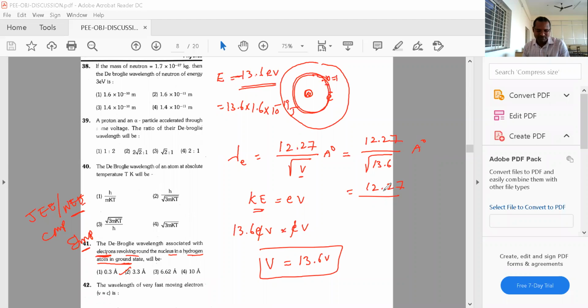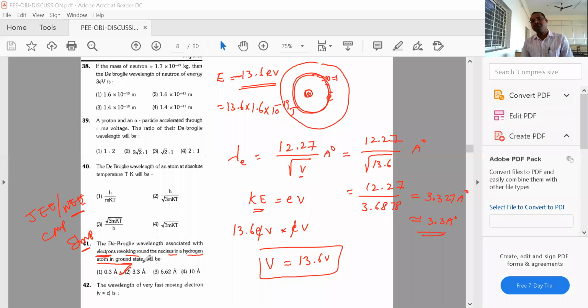Root of 13.6 is almost 3.6878. Then 12.27 upon 3.6878 comes out to be 3.327 angstrom, nearly equal to 3.3 angstrom. Yes, the option is there, option 2.